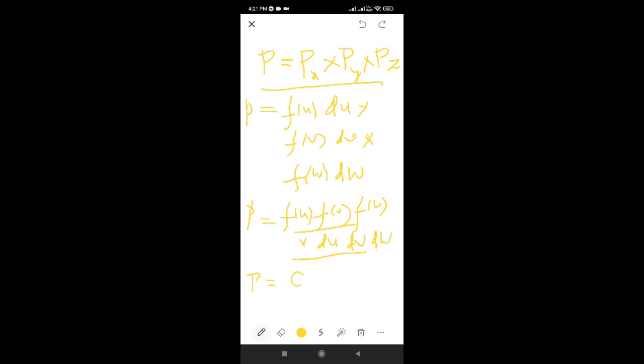Here we are not having the partial velocities; earlier we took f(u), f(v), f(w). It is a function of c, which means I am writing this as phi of c square into du, dv, dw.